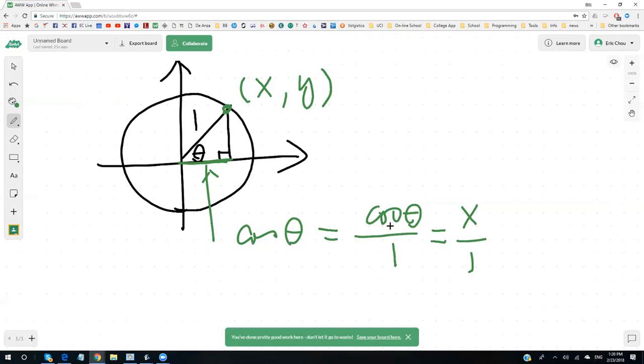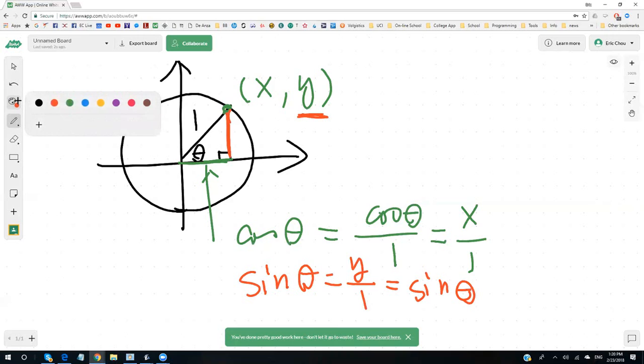And then the other one, I use the red one. This is y, so sine theta equals y over 1.